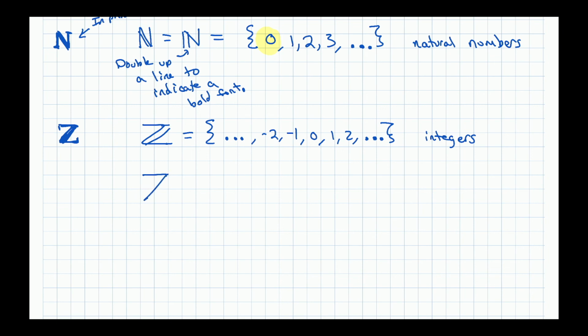So you write the symbol for integers, and then you just put a plus on it, and that means positive integers. And you know what those are: 1, 2, 3, ... Okay, and those are positive integers.